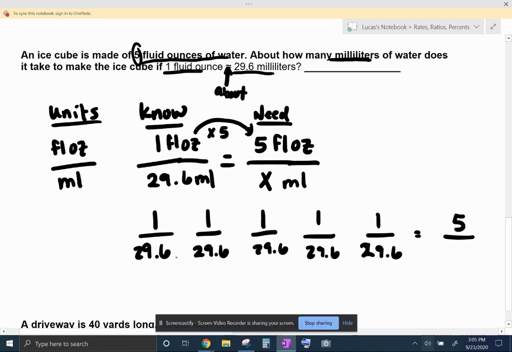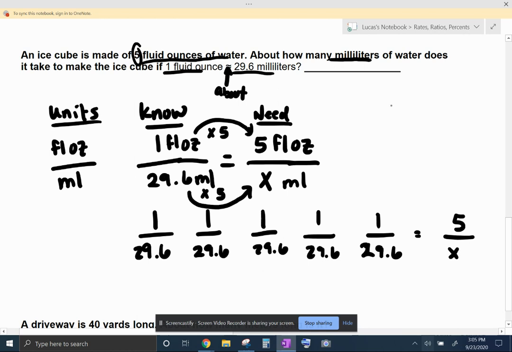Instead of adding all these up to figure out what this x is going to be, I could just do the same thing and multiply it times 5 in order to get my variable x, which is the amount that we're looking for.